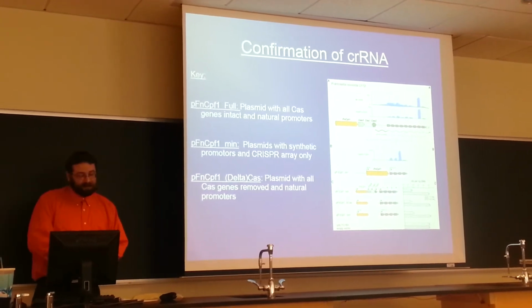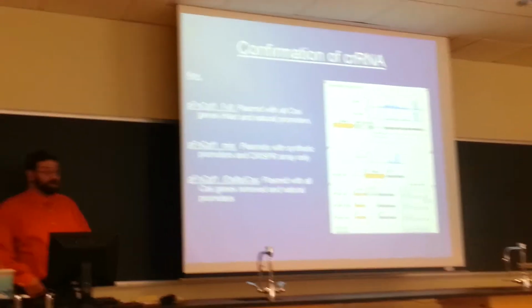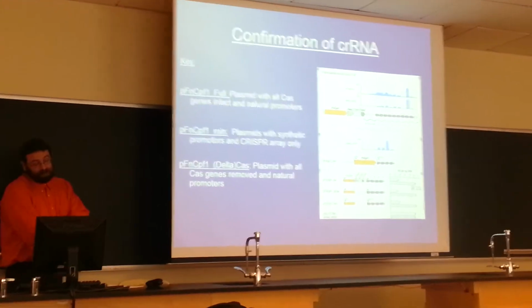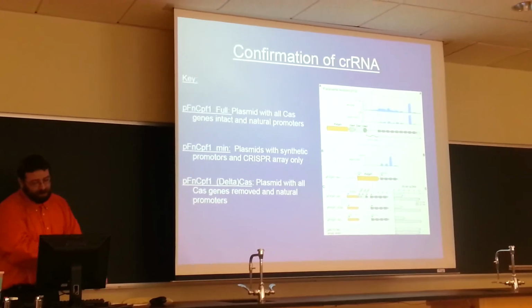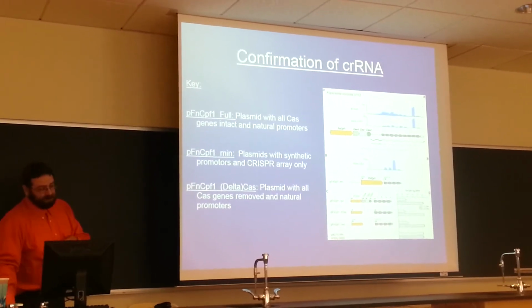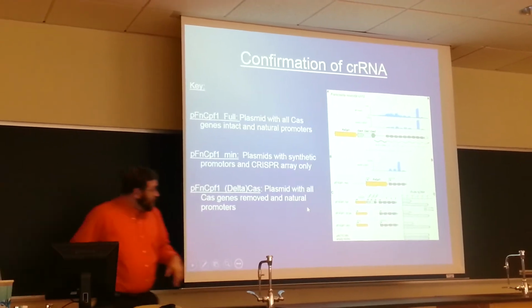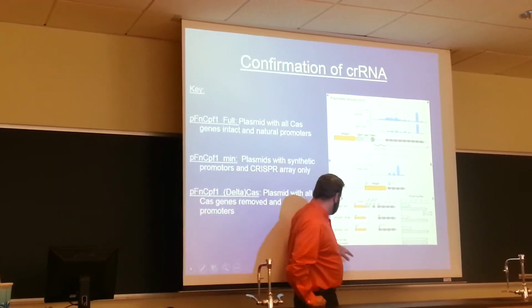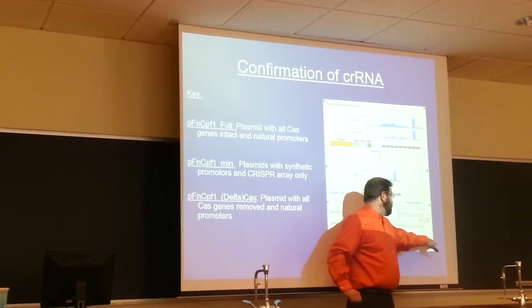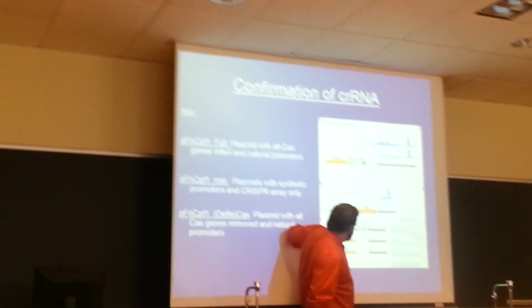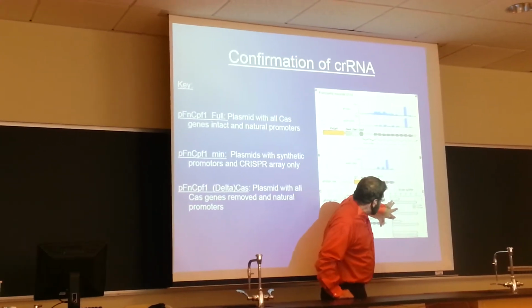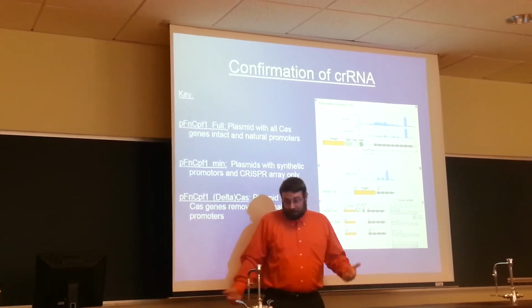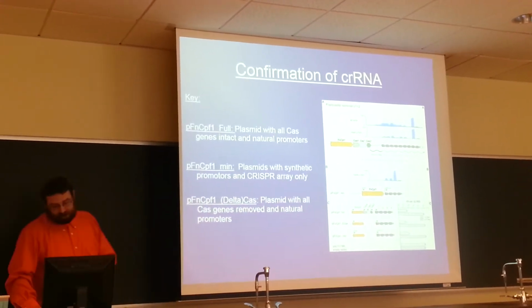The CPF-1 min is plasmid with synthetic promoters, up the expression. And then the CRISPR array, and then a plasmid with all CRISPR genes. And then we do see here that you have your empty vector. That expressed no problem. And then all three of these versions had significantly reduced expression, mainly because you don't need the tracers. You only need cRNA.